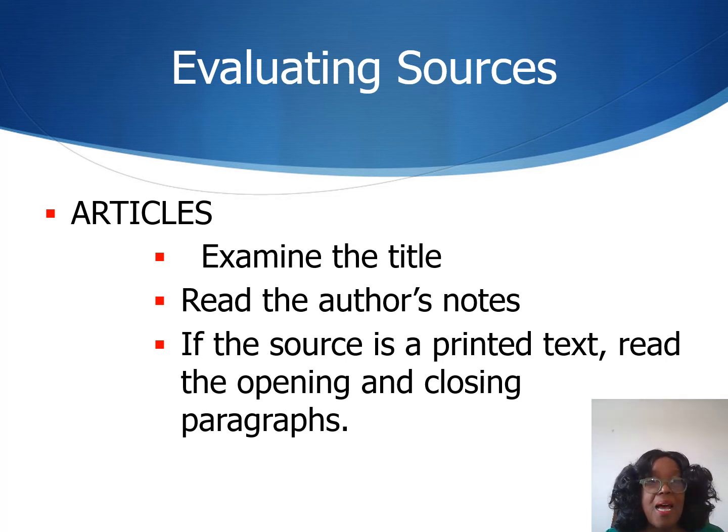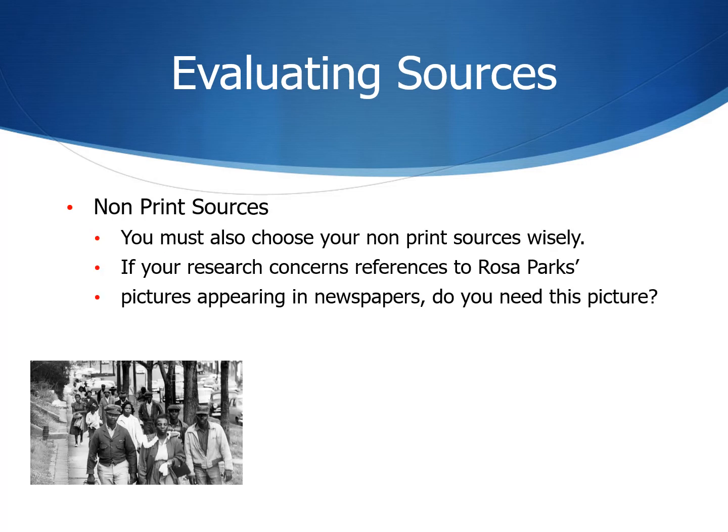And then I look at the works cited or the reference page very, very carefully because that might point me to other sources. Choose your non-print sources carefully also. If your research concerns references to Rosa Parks, pictures appearing in newspapers, do you need this picture?